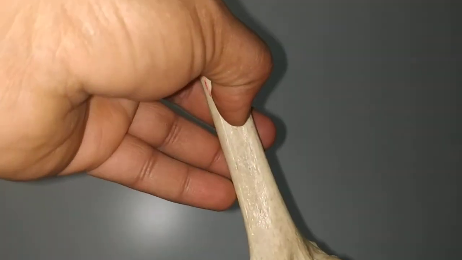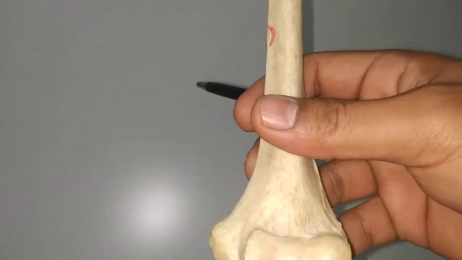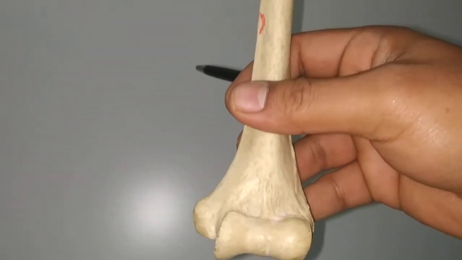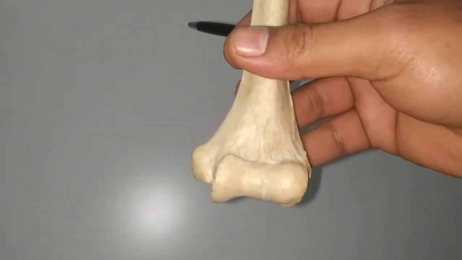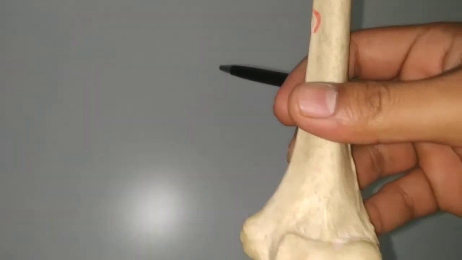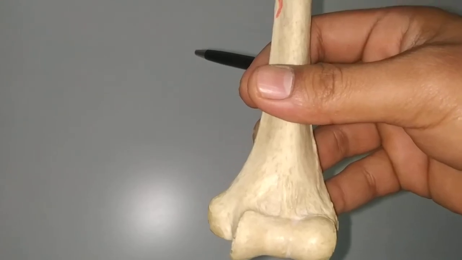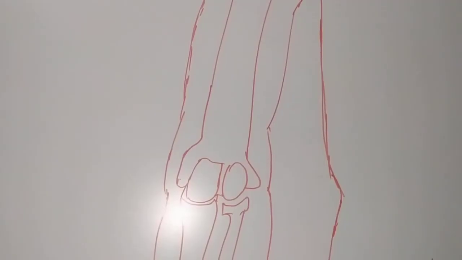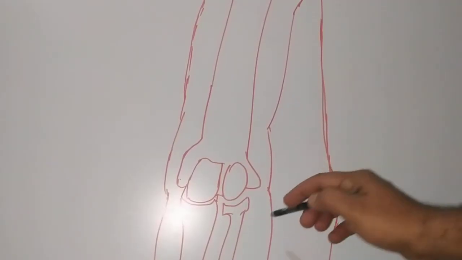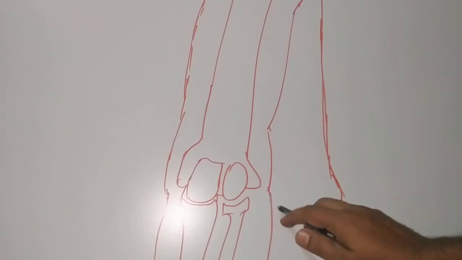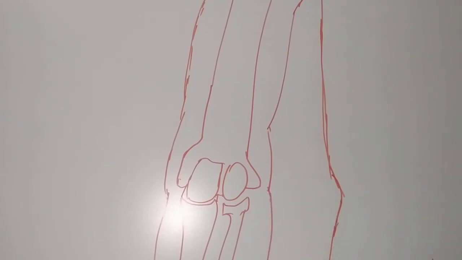The other thing which we need to understand is the carrying angle. To understand the carrying angle, consider the anatomical position, when you are lifting any weight with your hands.